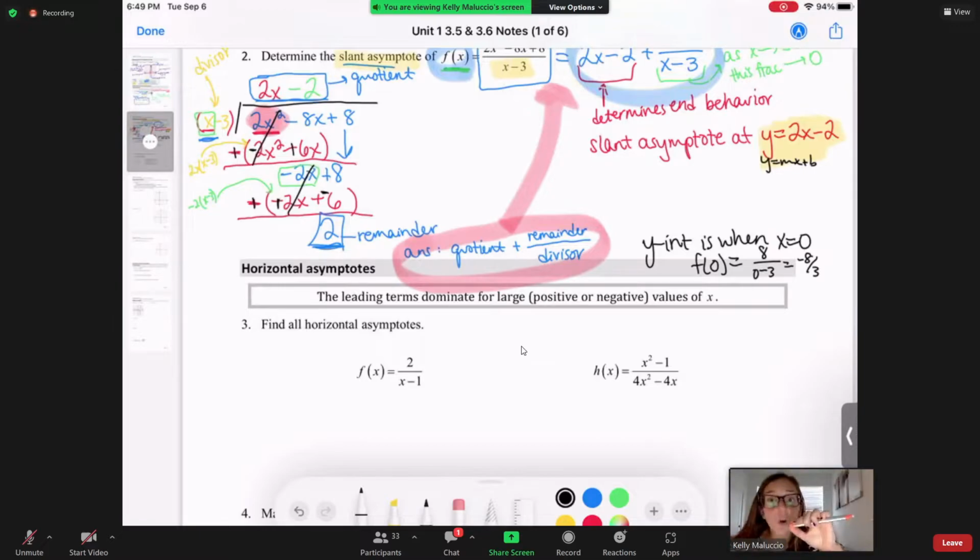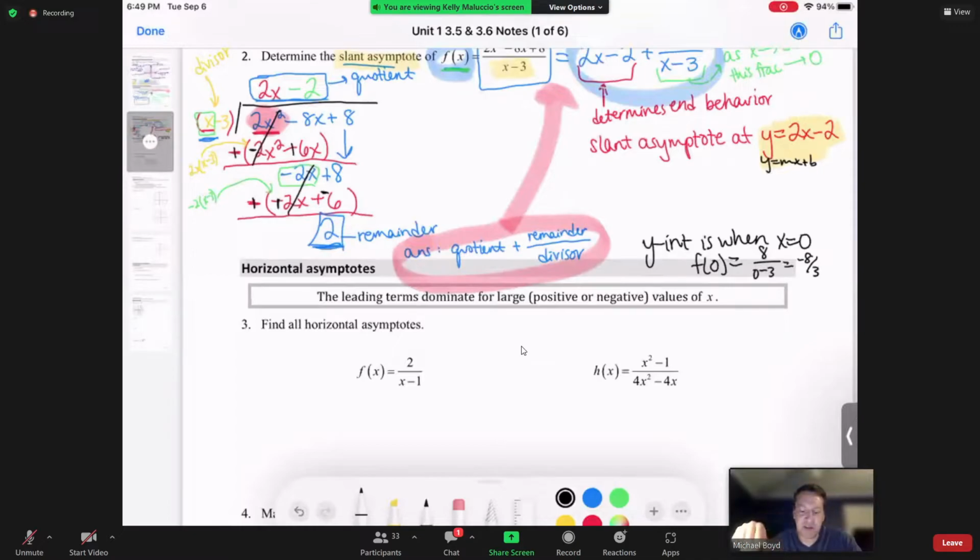Yeah, so it should always be in that form, your slant asymptote. It could just be x plus 1, or it could be as complicated as 3/2 x minus 5/6. Granted, we probably won't see as many fractions, but you can see something like that too.